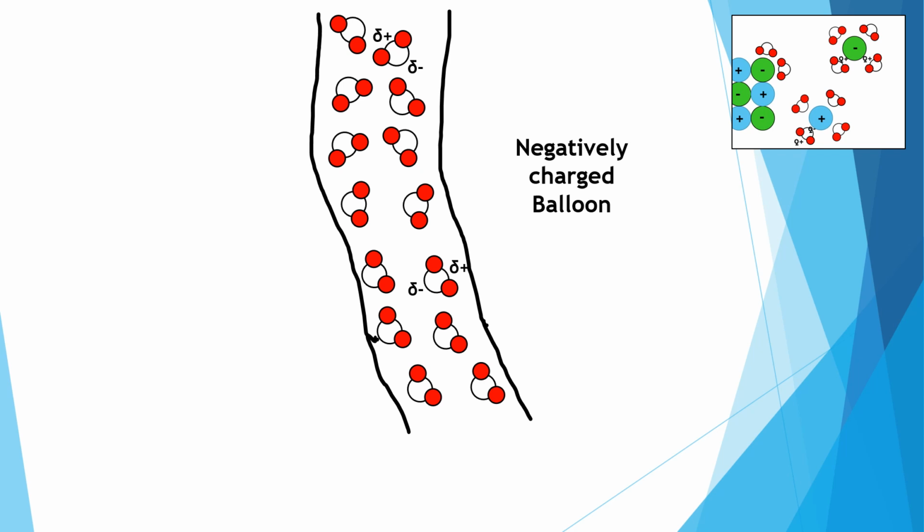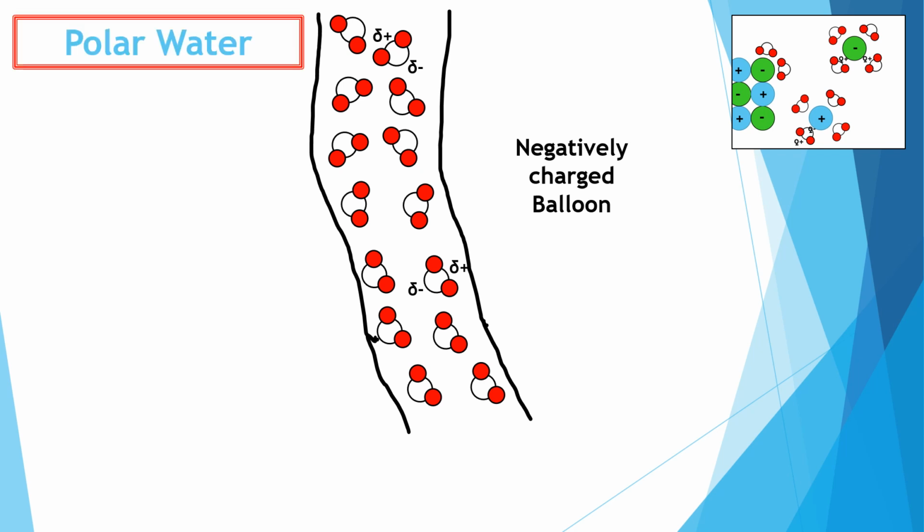An interesting property of water is that it is polar, which means that it has these positive and negative sides. The sides with the two hydrogen atoms are slightly positive because they're less electronegative, and the side with the oxygen is slightly negative because it's more electronegative.